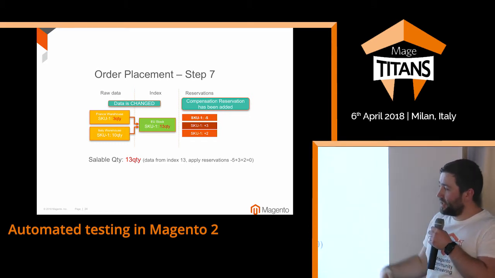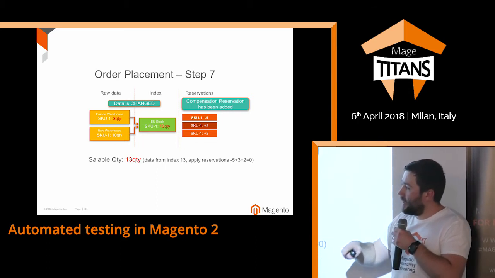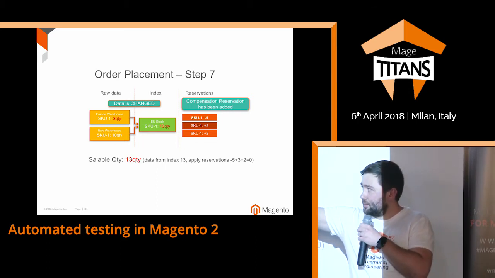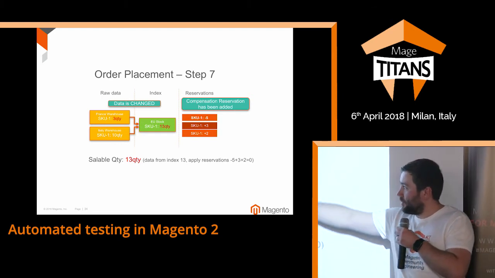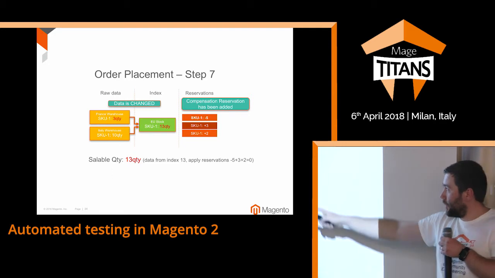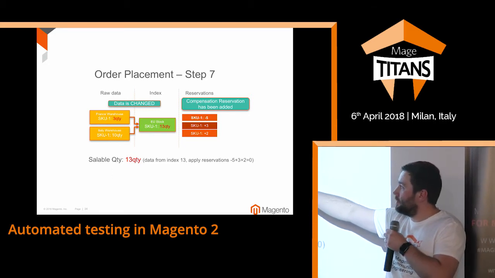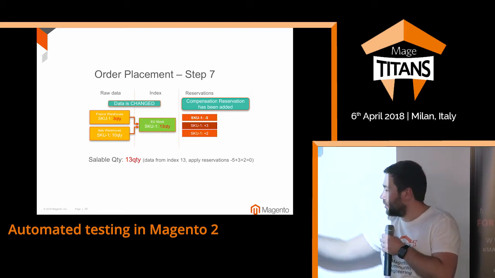So after this operation, we have the next saleable quantity of 13, because we have the recalculated value, plus -5, plus 3, plus 2. So this altogether gives us 0. So the reservation doesn't influence the stock anymore.